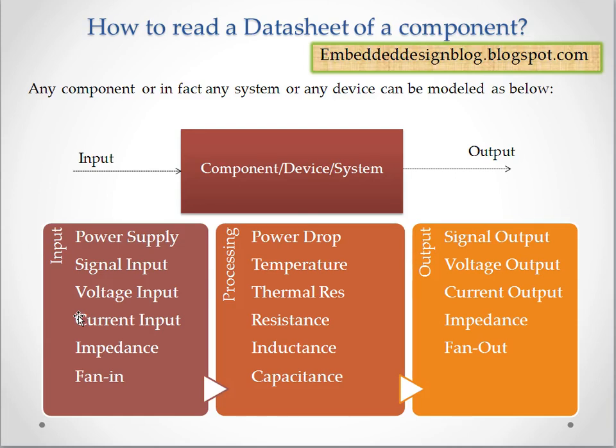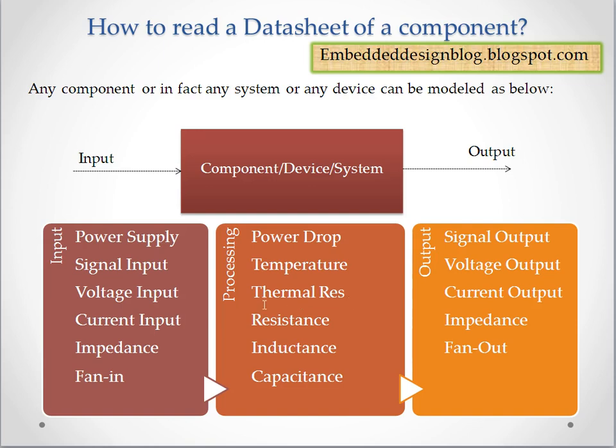Now what does a component, device or a system do? It either processes a signal or just passes the signal as is. So when it passes the signal, definitely there will be some resistance associated with this. Because of that, there will be some power drop, and then this power drop causes the temperature to rise. So how much the temperature rises for a particular component depends on its thermal resistance.